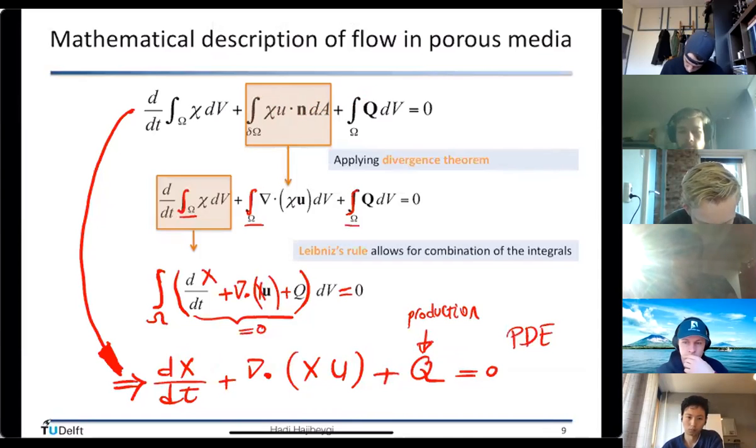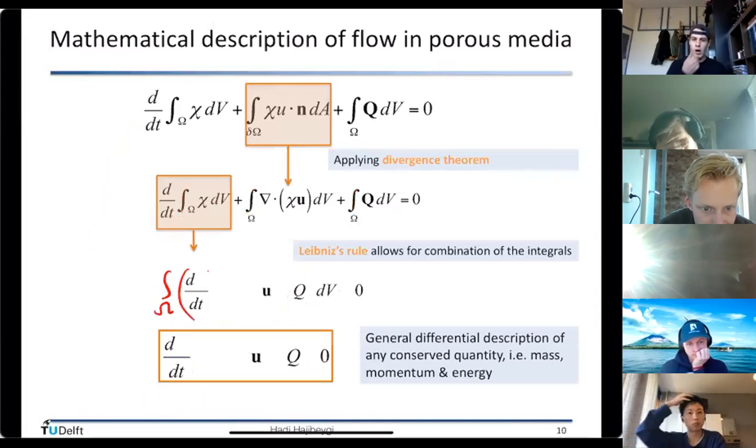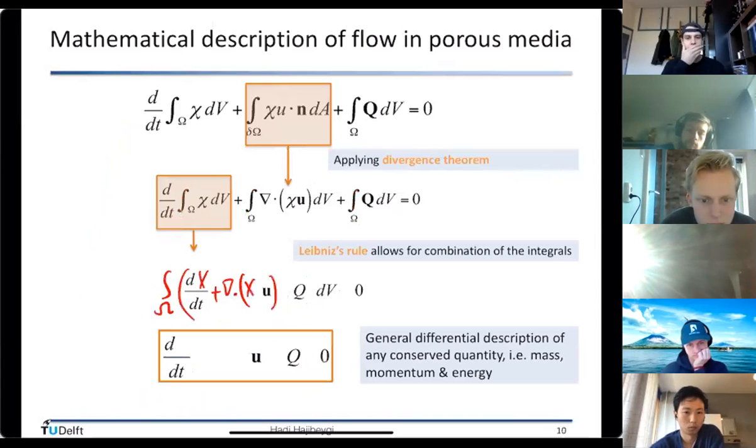Now let's go forward and find out how we can describe mass conservation in PDE. Okay, so let's do mass. I'm going to skip this slide because if I want to fill it up, it will be the integral over omega of dx/dt plus divergence of xu plus q dv equal to 0.